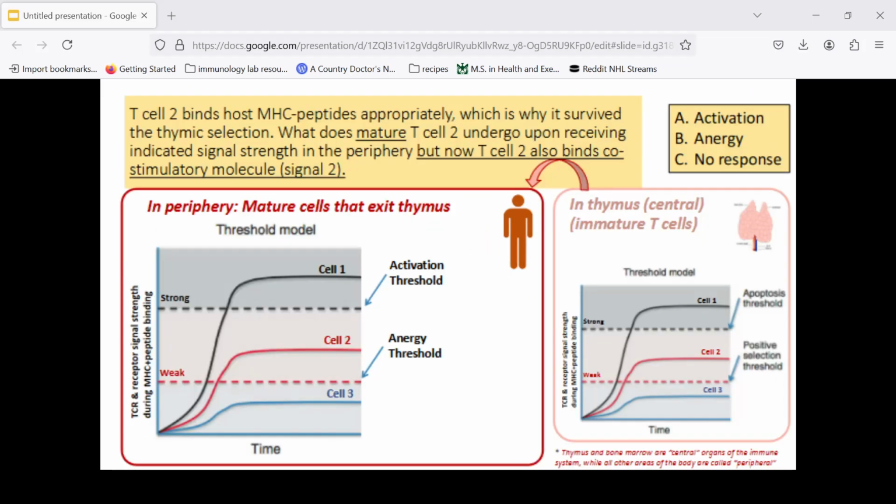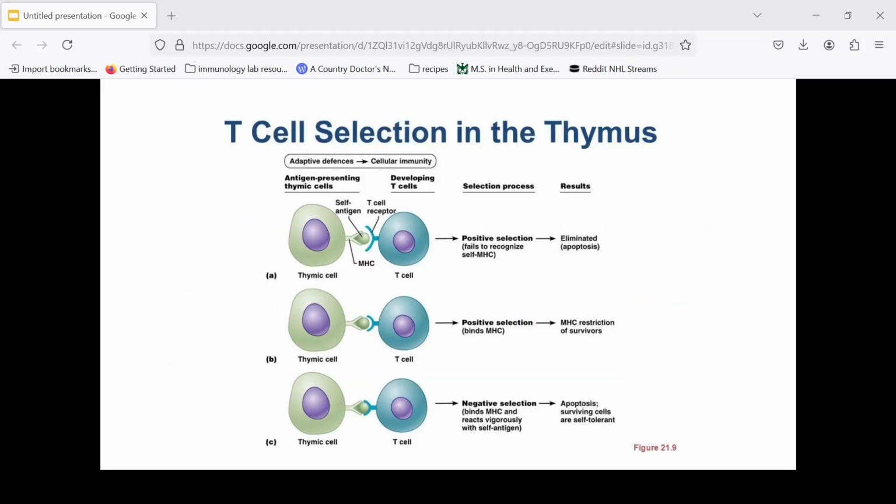Let me see where my slide is that I like. Okay. So in terms of T cell selection, the basic process is we start out in the bone marrow, we make our little baby T cell, and then that gets sent up to the thymus, and that is where the actual selection process occurs.